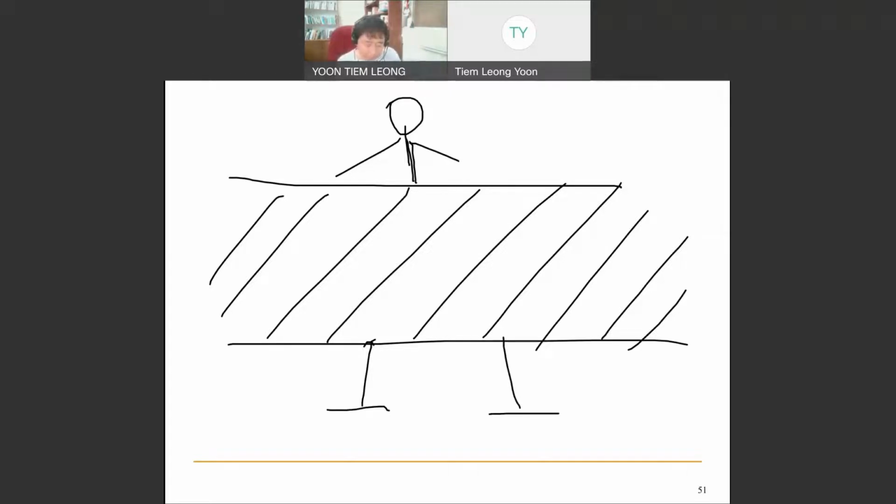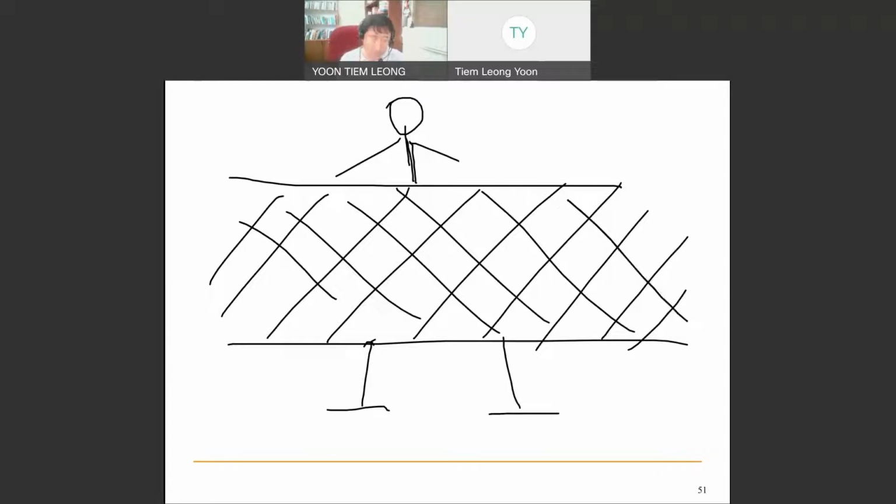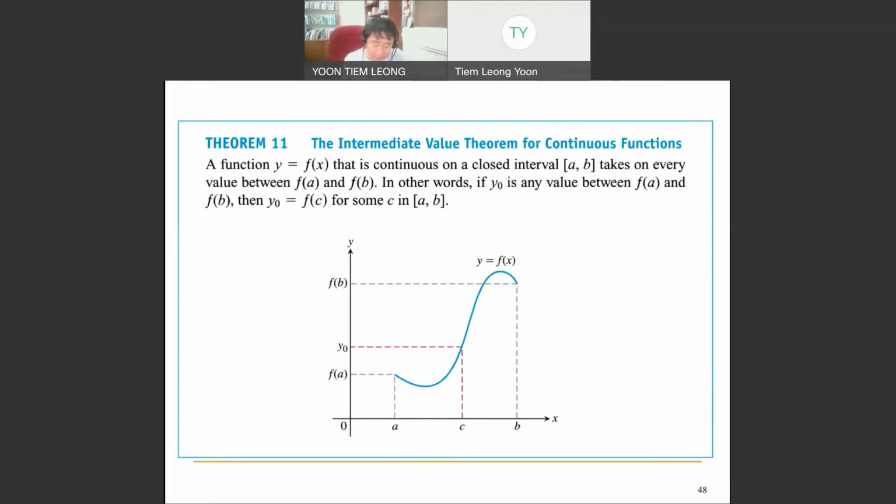As long as your friend is still alive and still kicking, you assume that the leg and the head are actually connected. So even though you don't see what is happening at the back of the banner, you know for sure there must be something in between, right? Somewhere in between, something is there. It's just that you don't see it, but you are very sure that at the back of the banner, the torso is there. Okay, so this is sort of an idea of the intermediate value theorem.